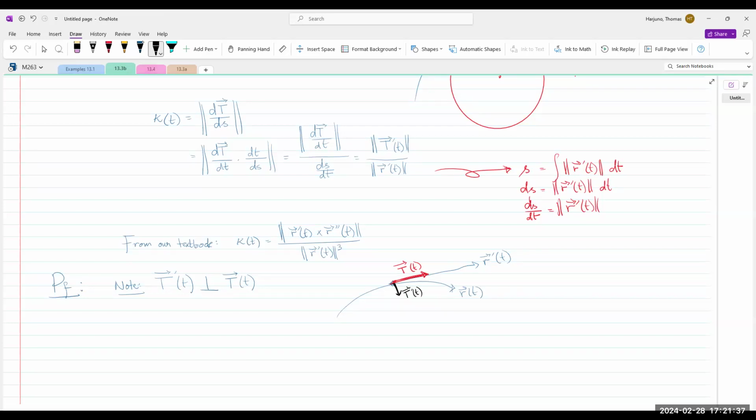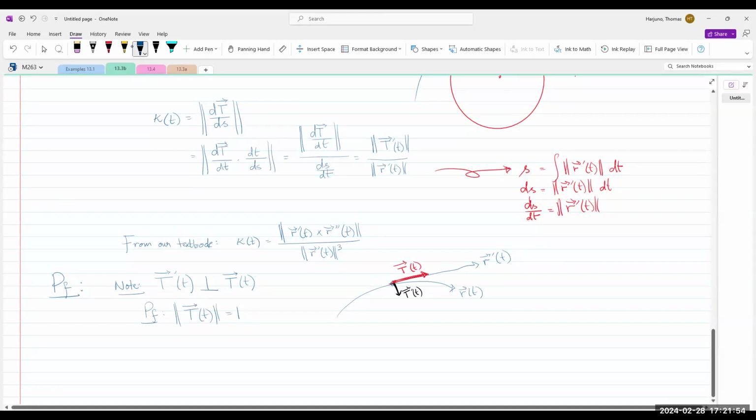Okay, now how do we prove this? Proof. Inside this proof, I prove this statement first. Now, notice that the unit tangent vector must have length 1. Therefore, the square of that also has length 1.